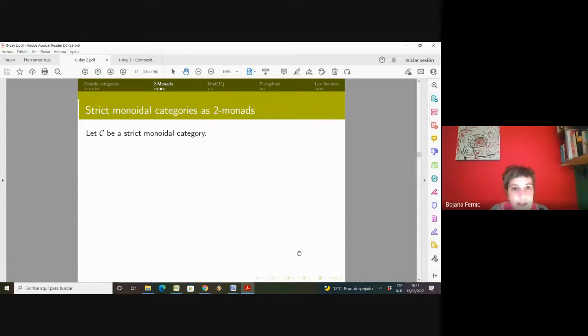Now, here I will present another kind of example or construction. Here we can see how strict monoidal categories become, or give rise to, two monads. So let C be a strict monoidal category. And let us set for T the following functor on the category of categories. It is just C Cartesian product with, right, here we take some argument. How does this functor act? For an object in here, that is for a category M, T of M is just C times M, so it gives another category.